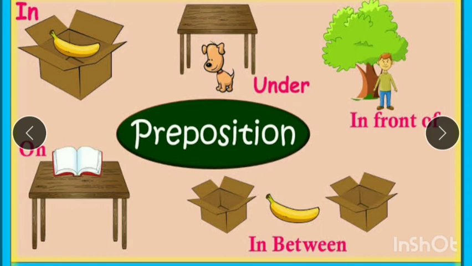The dog is under the table. The man is in front of the tree. The book is on the table. The banana is in between the boxes. In, under, in front of, in between, on. These are examples of prepositions.